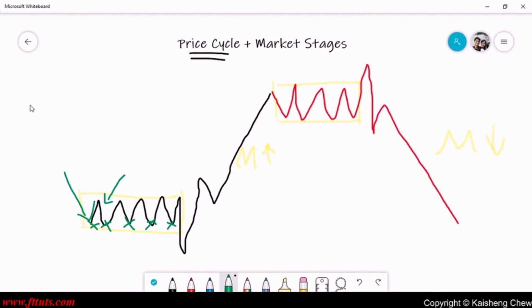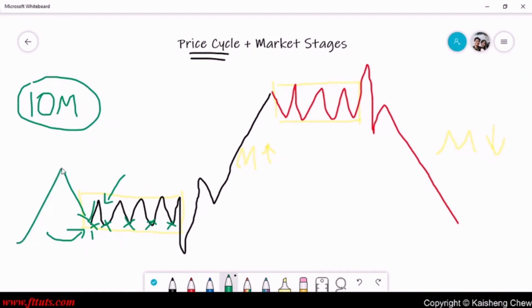Let's say they got $10 million fund they need to invest. Let's say they have to separate it out. They put 1 million here. They cannot put 10 million together, because once put together the price will shoot up, and they have no time to fulfill the rest of the money.